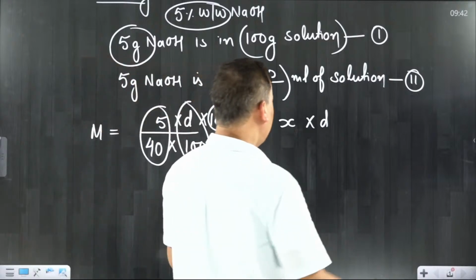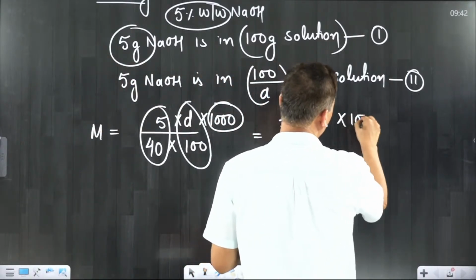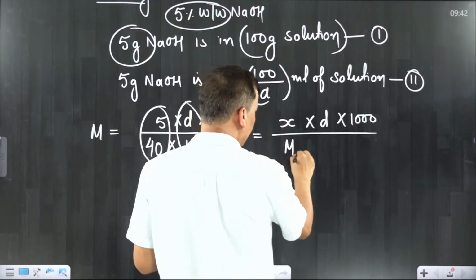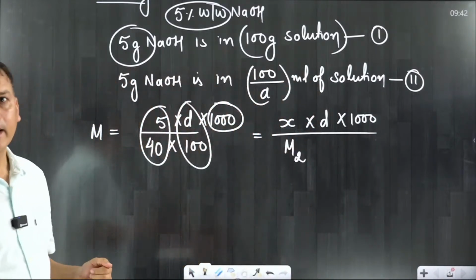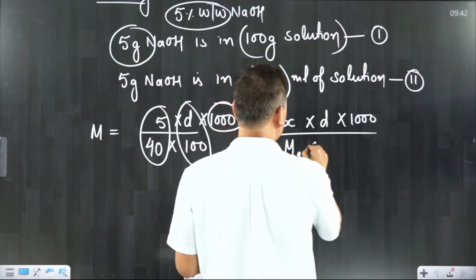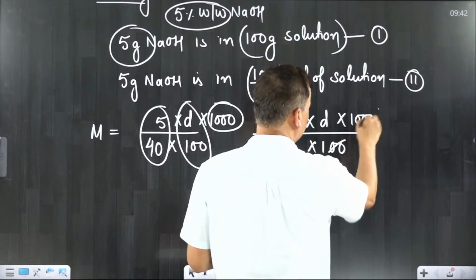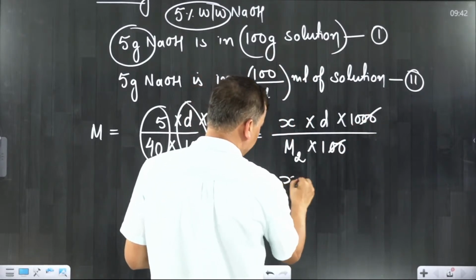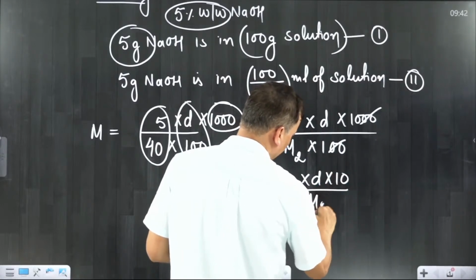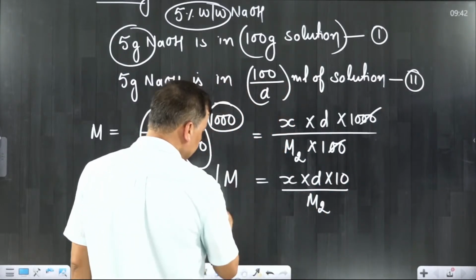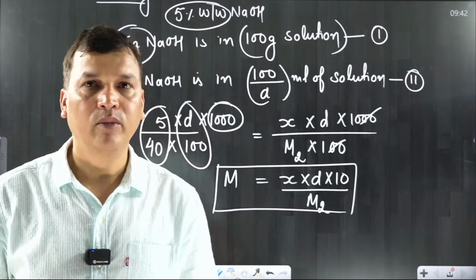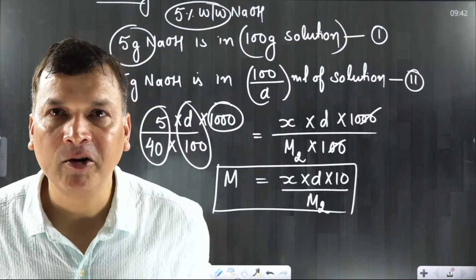Into 1000 upon M2, M2 is molar mass of solute. And here is 100. So this will cancel out, and you have X into D into 10 upon M2. This is molarity. Is it clear or not?